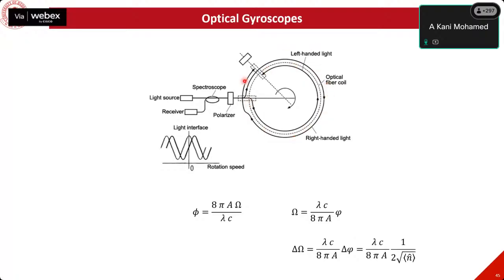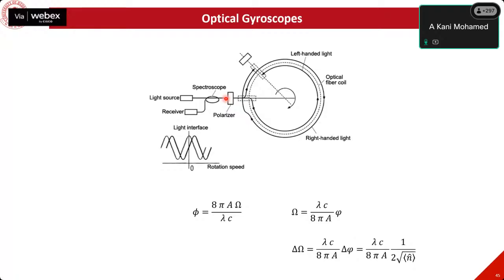Consider the entire setup is rotating. The optical gyroscope is nothing but an instrument trying to detect the rotational speed, or the frequency of rotation, of the complete setup.